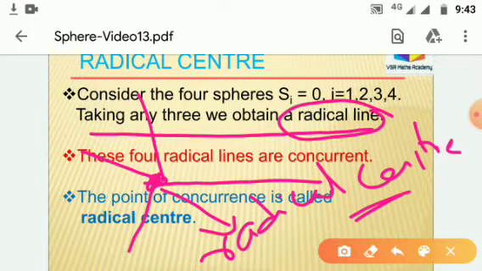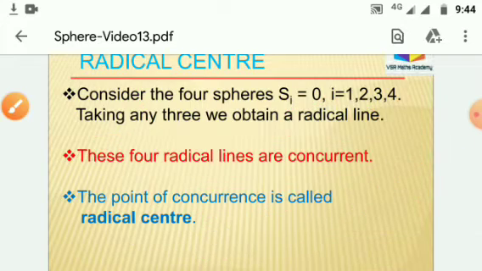If you take four spheres, taking three each time, you will get four radical lines, which are concurrent at a point. The point of concurrence of the radical lines is called the radical center.